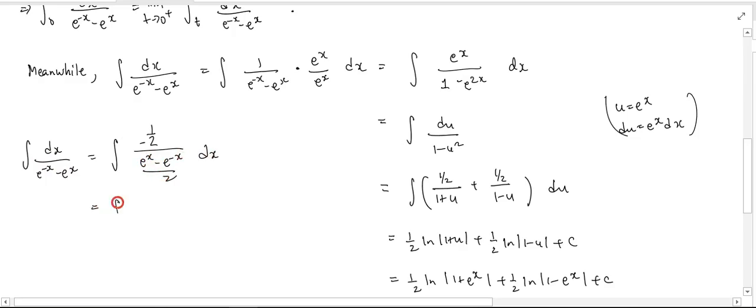Bakit ko to ginawa? Kasi, if you recall, this one is a special function. This is the hyperbolic sine function. At dahil nasa baba siya, it's also equal to the, kapag tinaas mo na sa hyperbolic cosecant.